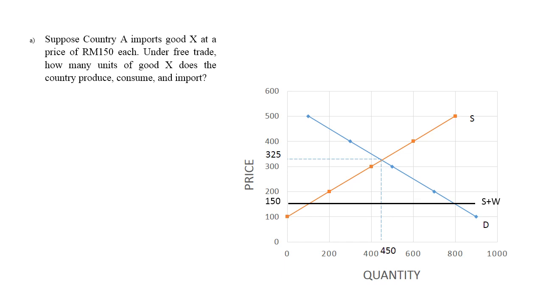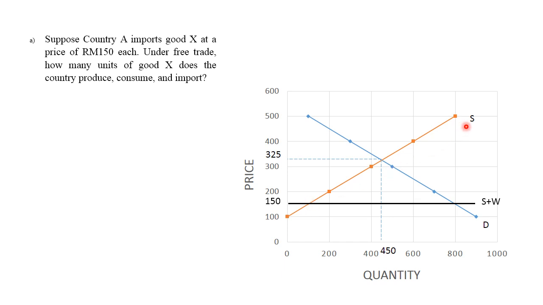What you have to find is this quantity demanded and this quantity supplied. How many units of good X does the country produce, and how many units of good X does the country consume?